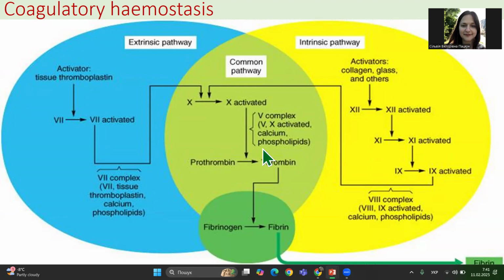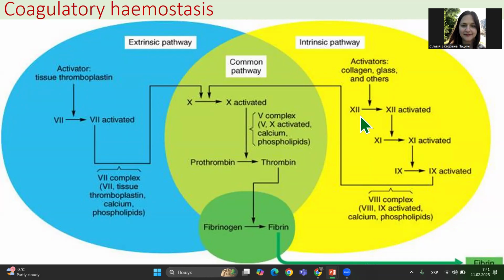Tenth factor, together with fifth activated factor, calcium and phospholipids, activates transformation of prothrombin to thrombin. Then thrombin provides transformation of fibrinogen to fibrin, and by the action of the fibrin stabilizing factor, it transforms to fibrin network.